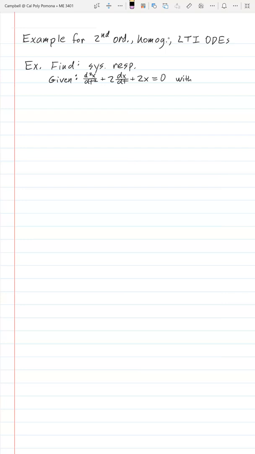So we will have that the value of x at t equals 0 is equal to 7, and the initial value of the derivative dx dt is equal to 4.